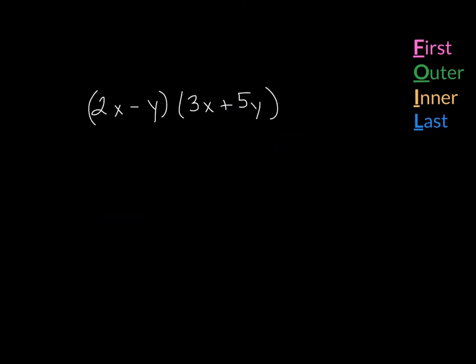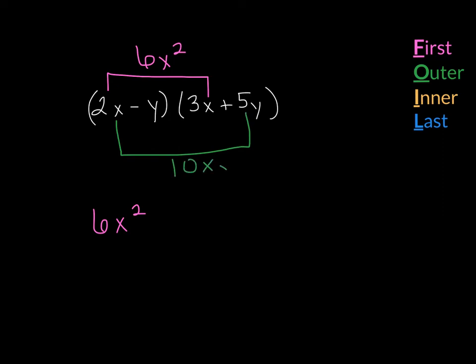Okay, let's look at one more example. We'll start with the first again. So 2x and 3x gives us 6x squared. Then we look at the outer. Should be 10xy. 2x times 5y is 10xy. Then the inner.